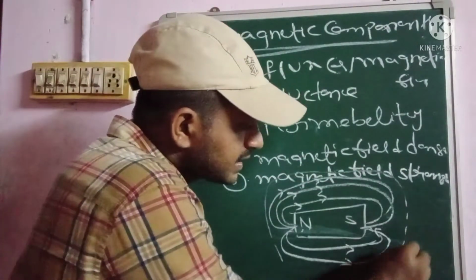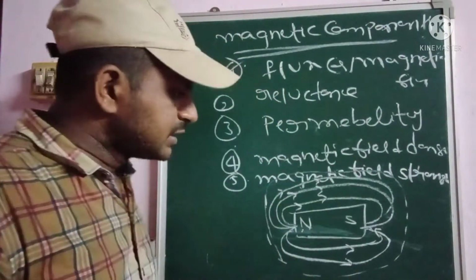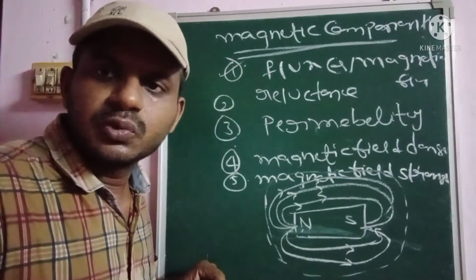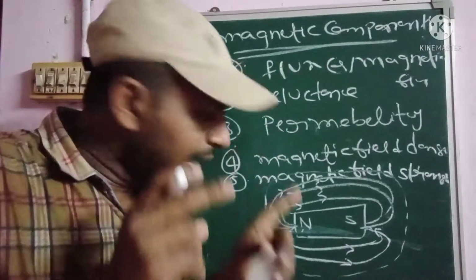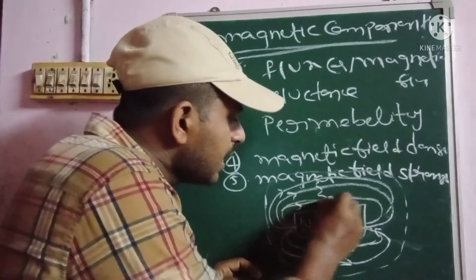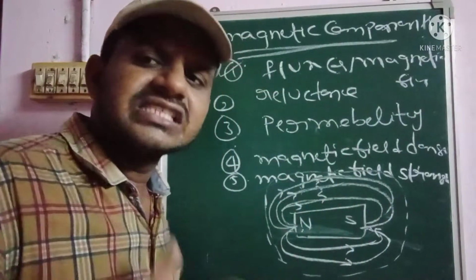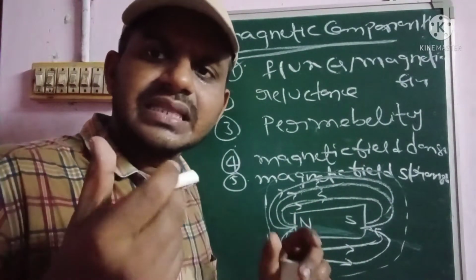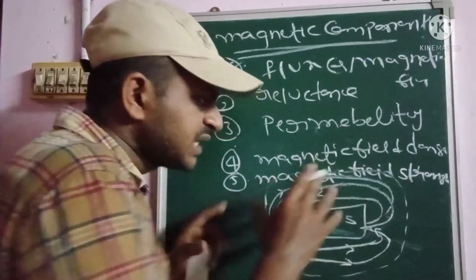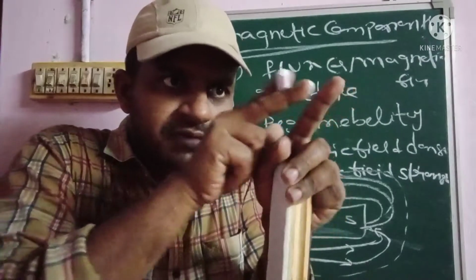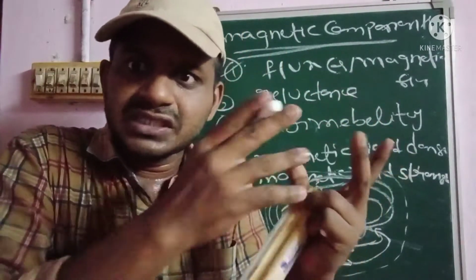We can't say the flux is moving from one place to another, because it is not visible.